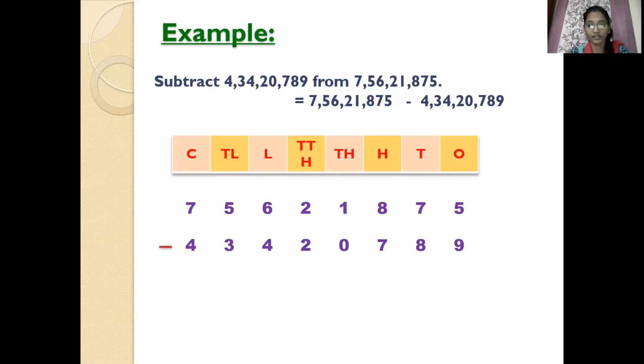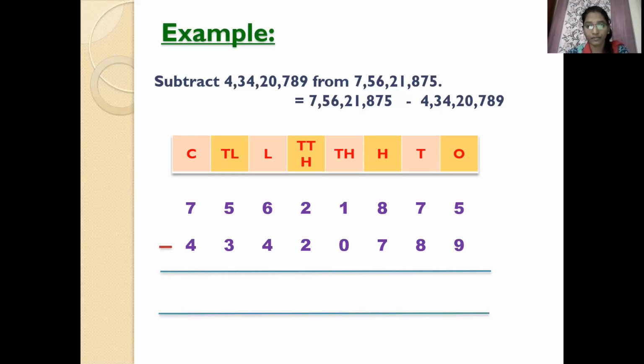Here, the first number has to be subtracted by the second number. So we'll start the subtraction. The first number is called the minuend. The second number is called the subtrahend. You have arranged in columns. You have followed the first step. It's done. Now comes the second step.